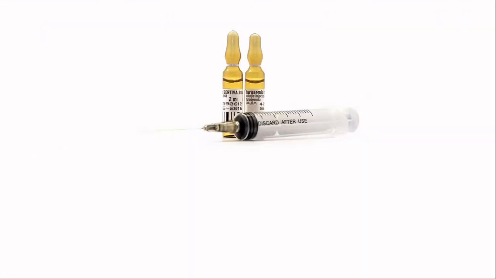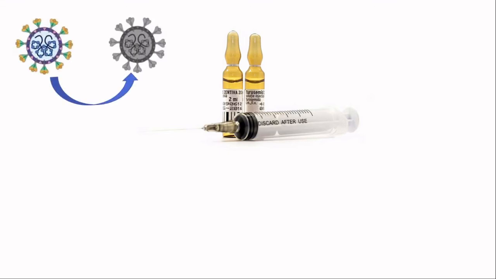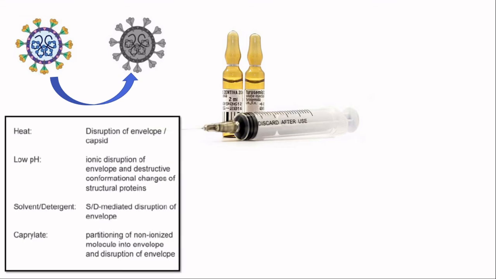Now let us talk about some conventional strategy being used for vaccine development. I hope you remember conventional strategies or the classical strategies involved heat killed or live attenuated viruses. So this is how we have the healthy virus getting converted into inactive virus, which is not able to cause infection.